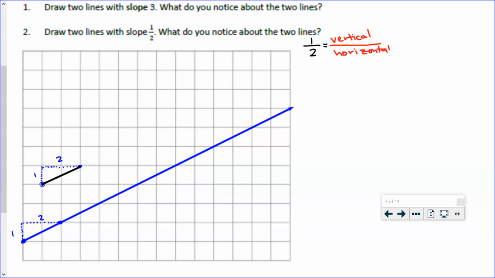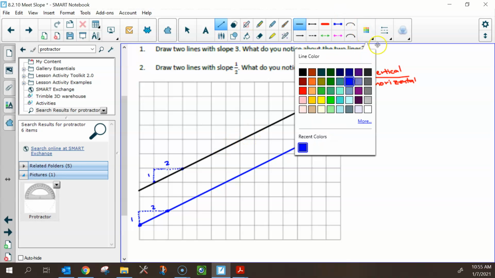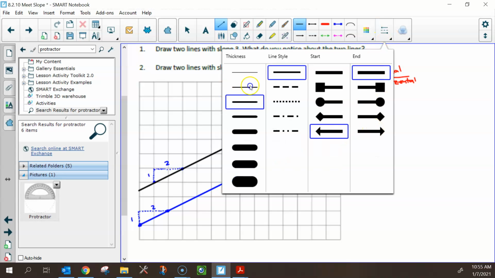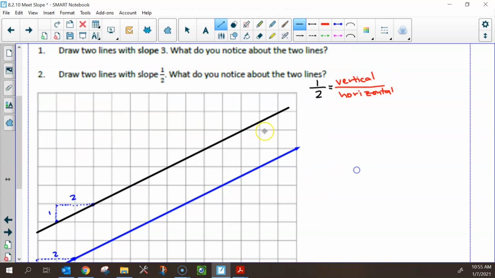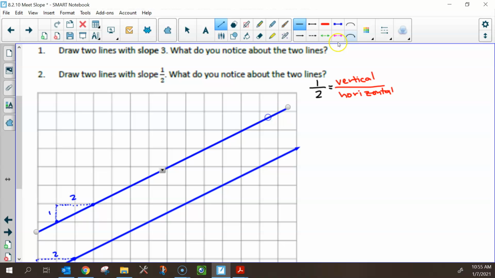And of course, since it's a line, I'm going to be extending it. Why didn't it make those changes? There we go.